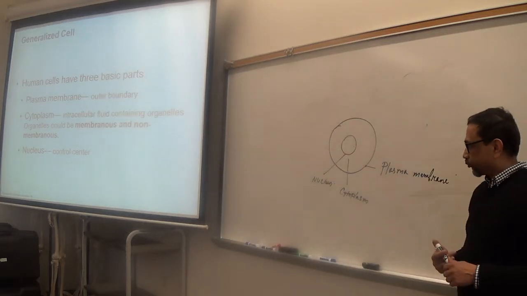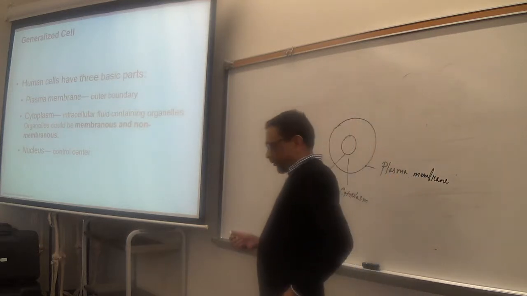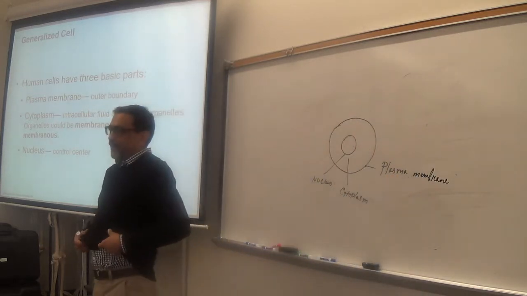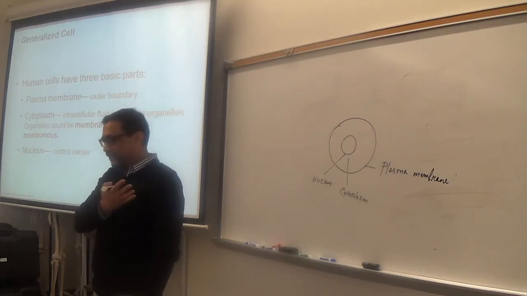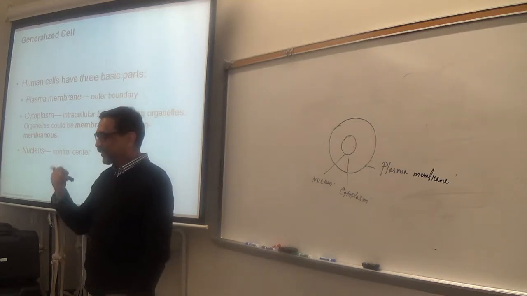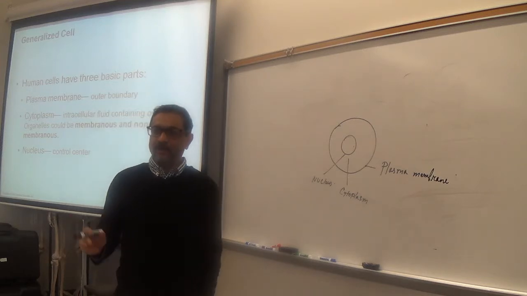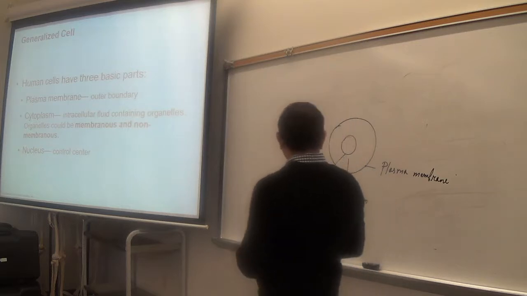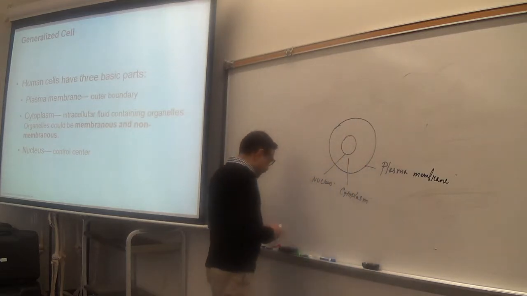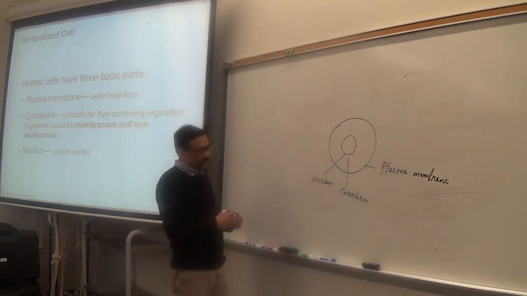Okay? Now, most of you have learned or studied cell, right? In your high school or in intro bio. I'll just quickly go over, not in detail. Okay, so let's first see the nucleus.